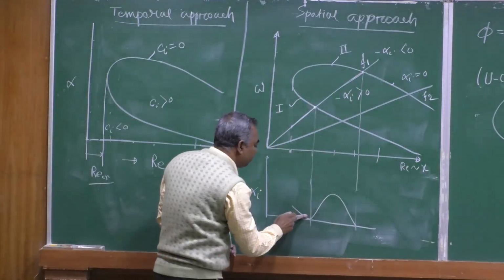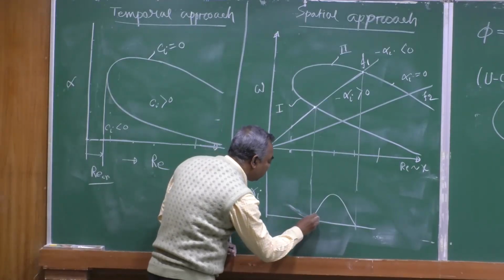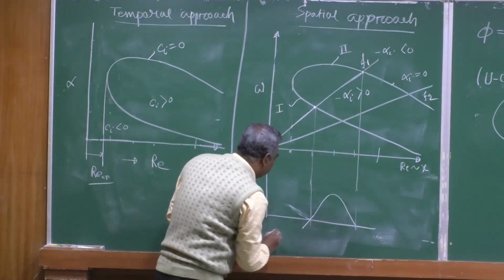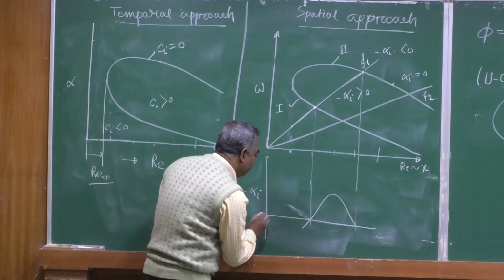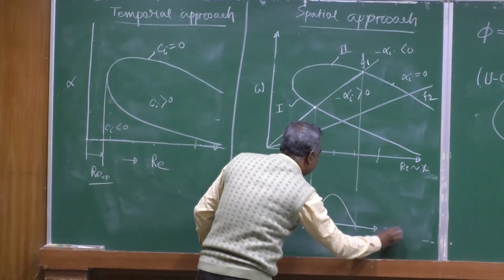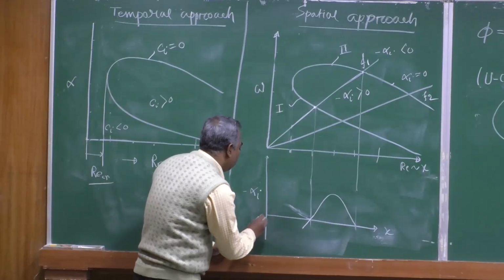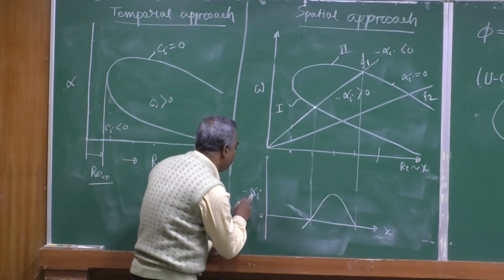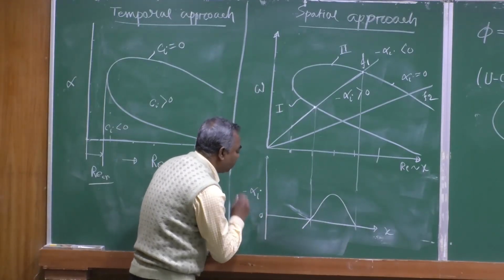Sorry, it should come this way. So, this is actually your x, and let us say this x is equal to 0 and your minus alpha I is equal to 0.